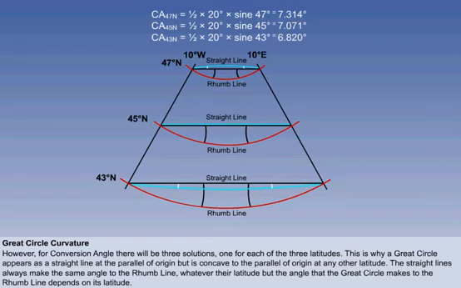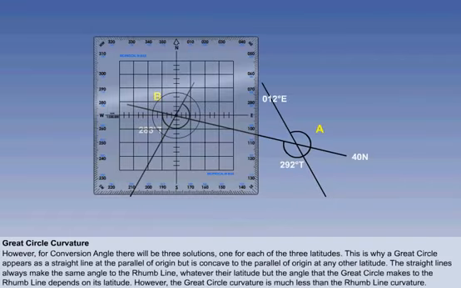It is a much smaller amount, about 1/30th the curvature of the rhumb lines. So, whilst you need to know that theoretically great circles are concave to the parallel of origin, in fact, for all practical purposes, including plotting, you can treat them as straight lines on a Lambert's chart.